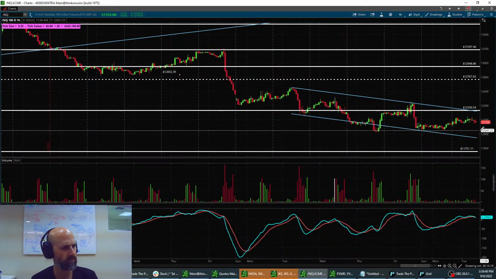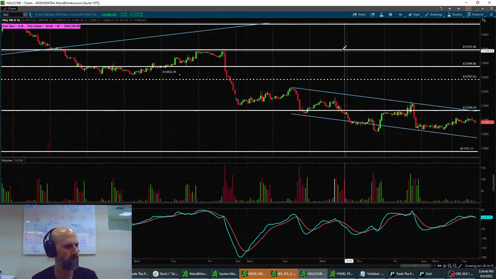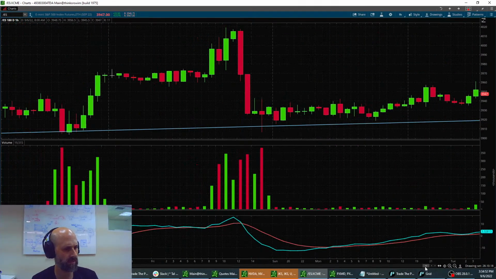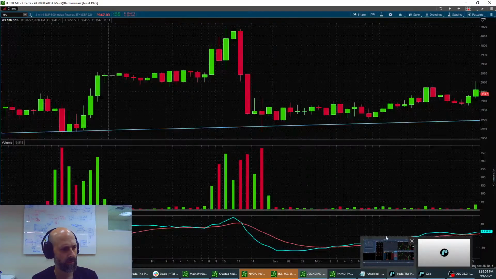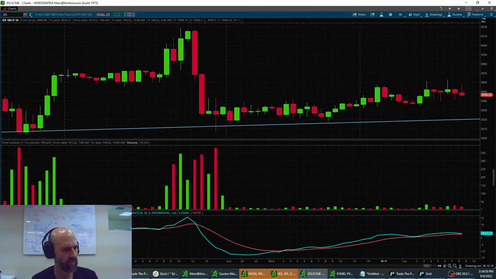Maybe a nice momentum move to the downside at the beginning of the trading day, and then a bounce around that 12,000. I also like to look at the ES. The ES is the S&P 500 future, and here it will probably look pretty much the same.